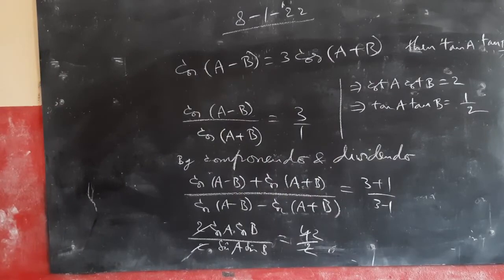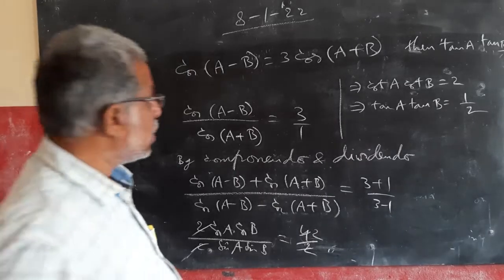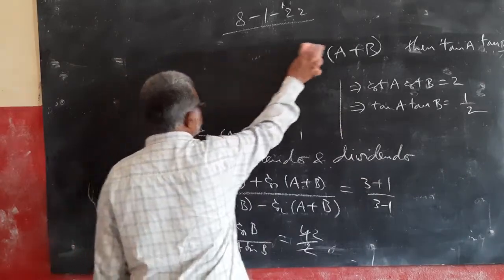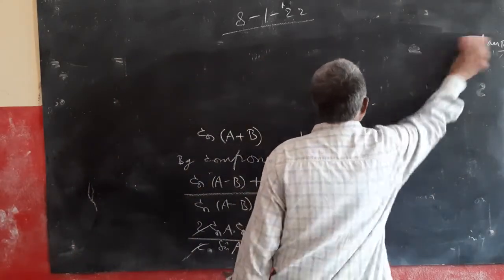Next one is cos of alpha plus beta equal to 4 by 5 and sin of alpha minus beta equal to 5 by 13. Both are acute. Then find tan 2 alpha.